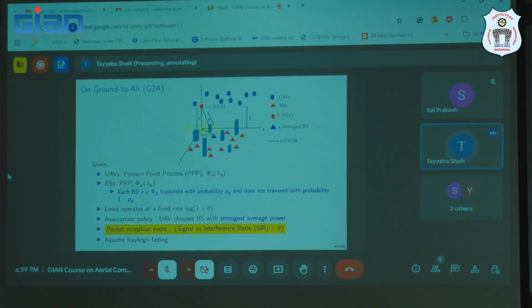In the next work, instead of letting all the base stations talk to their UAVs, we have assumed a random selection protocol where each base station is either transmitting or not transmitting with a probability p.